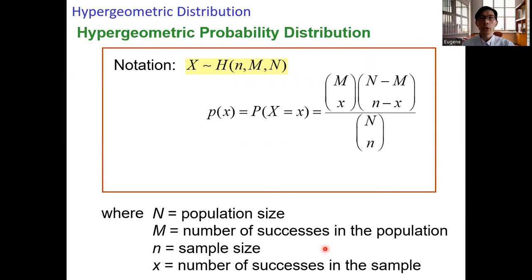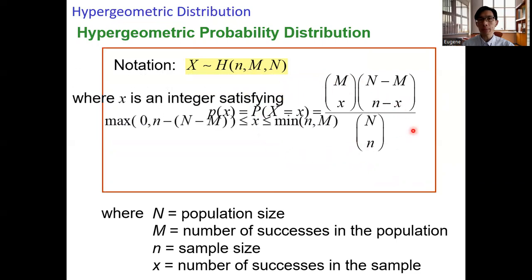For the notation, we use H to denote hypergeometric. And then there are three parameters. The first one, small n, is the sample size. Big M is the number of successes in the population, and big N is the population size. This is the PMF of the hypergeometric distribution.